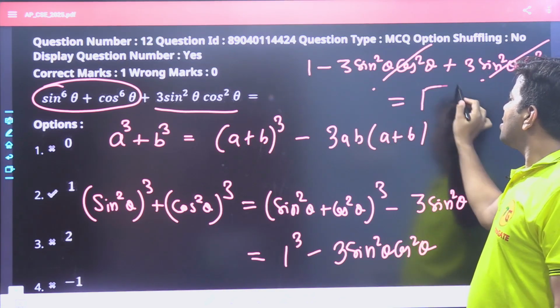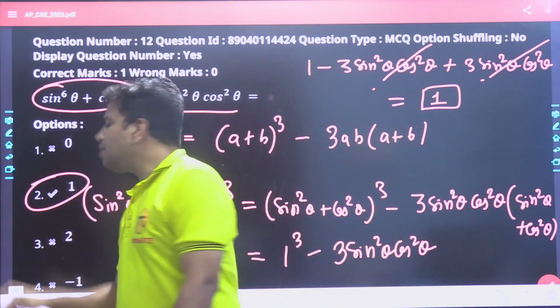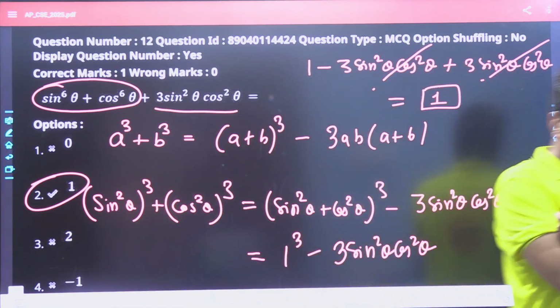The answer is 1, nothing else. Go with the second answer. It's 1.